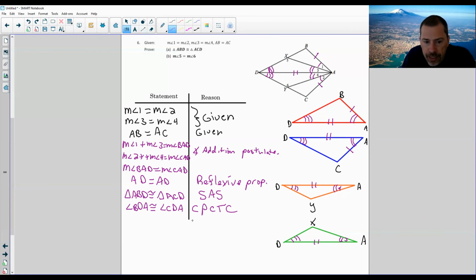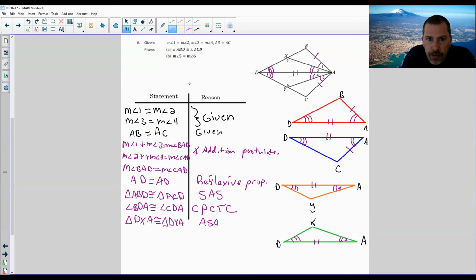I can now say that triangle DXA is congruent to triangle DYA. Be careful how you name them, they have to correspond. D goes to D, A goes to A, and X goes to Y. Why are these congruent? Angle, side, angle.